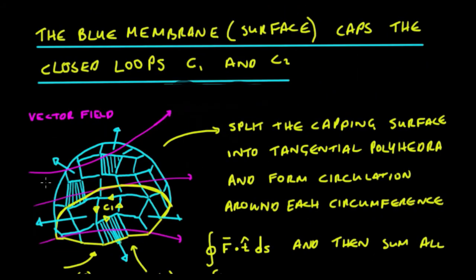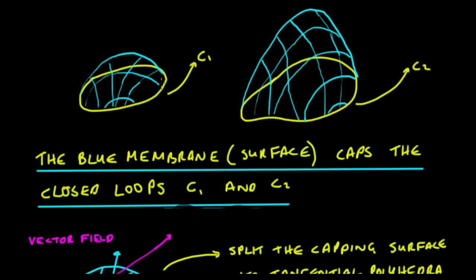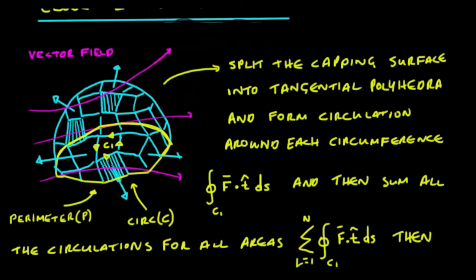So what we're going to do now is take this surface, and I've drawn one out again down here, and we're going to split the surface into little polyhedra, and these polyhedra are going to sit normal to the surface. They're going to sit tangential to the surface, so they're just going to cut the surface at one point.